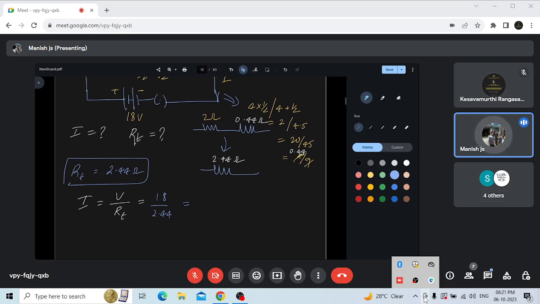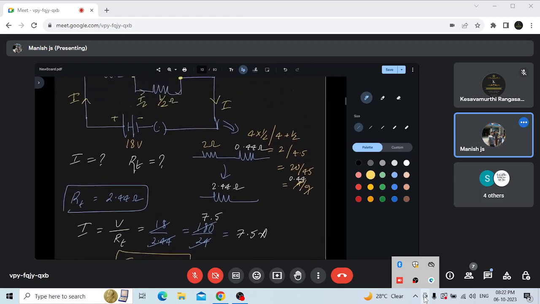If I cancel and take the reciprocal, I'll get 180 upon 24, and then you will get 7.5. So the current is 7.5 amperes, isn't it? This is the total current, I total.